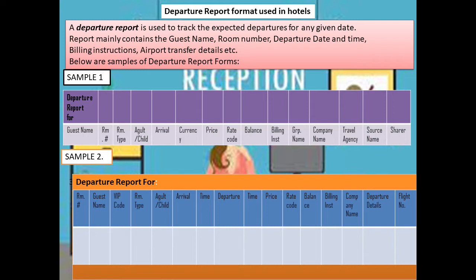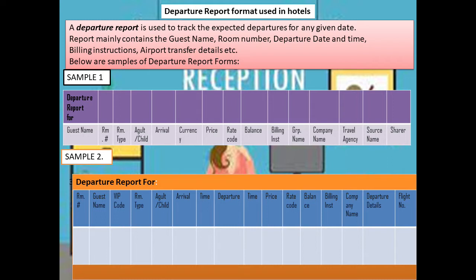Sample number 1. So we have departure report for, the first column is the guest name followed by the room number, room type, adult or child, arrival, currency, price, rate code, balance, billing instructions, group name, company names, travel agency, source name, and the sharer.